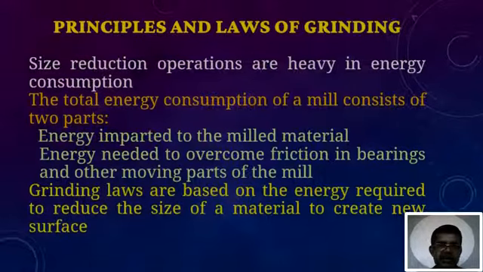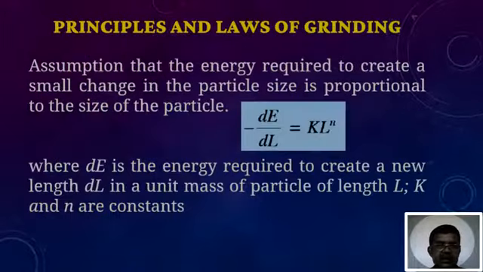Ultimately, it will not include the energy needed to overcome friction in bearings and the moving parts of the mill. Now, regarding grinding laws, we normally assume the energy required to create a small change in the particle size is proportional to the size of the particle.